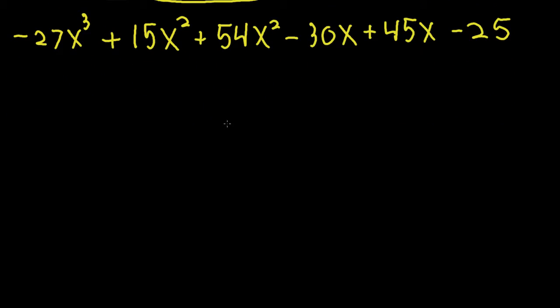Alright, we're almost done. Now all I have to do is combine my like terms. I have no other x cubed terms, so I simply write negative 27x cubed.